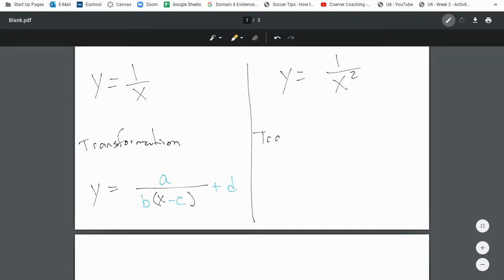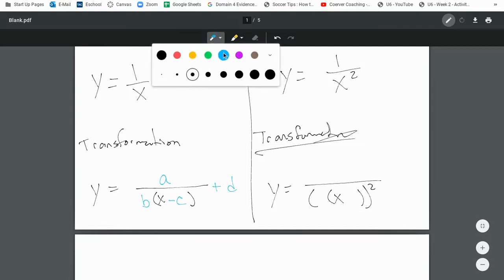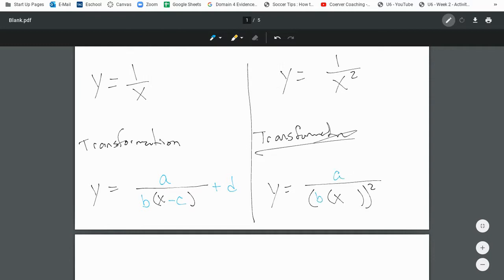As a transformation, we have y equals, and the only difference is that squared, and I still need to adjust A, B, C, and D. So it's just a little different right here; you're going to have the squared right here. We need to identify which parent function each graph comes from, and then talk about this stuff. We'll refer back to this page in just a second.